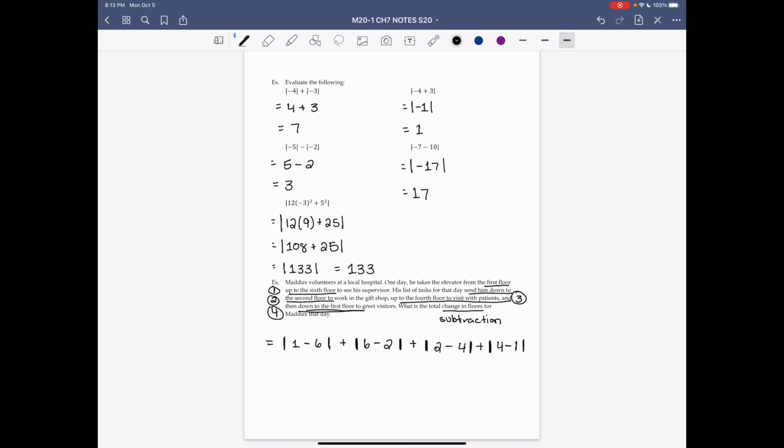Now we can evaluate. 1 minus 6 is absolute value of -5, plus 6 minus 2, absolute value of 4, plus 2 minus 4 is absolute value of -2, plus 4 minus 1 is absolute value of 3.